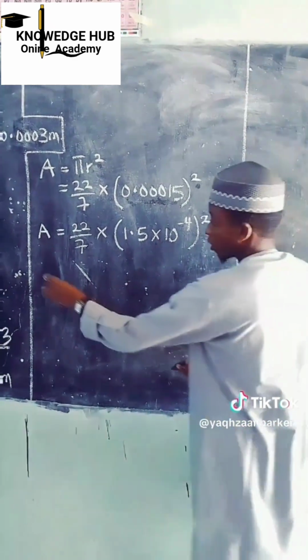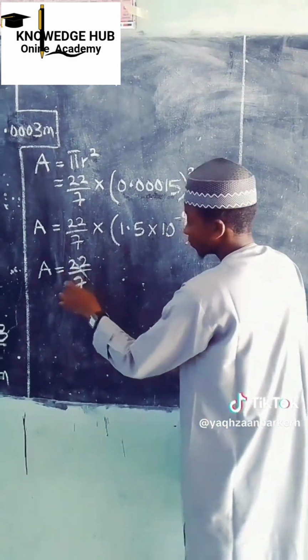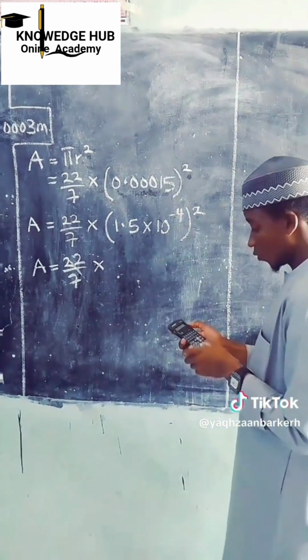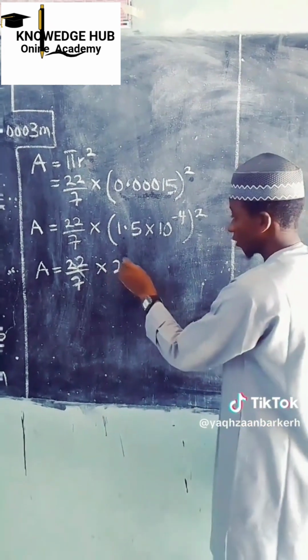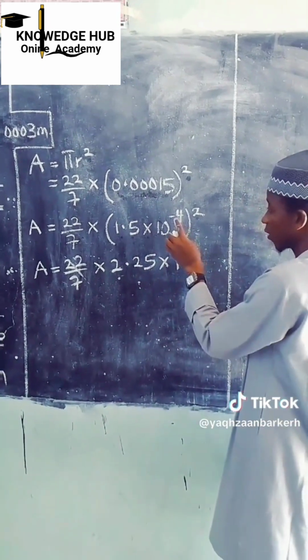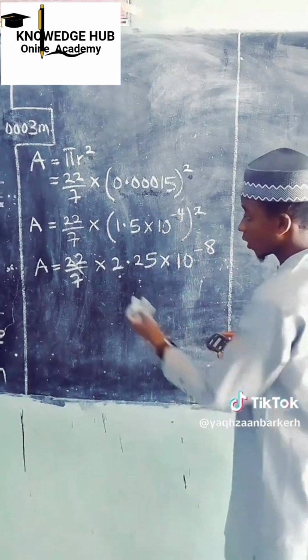So now we are going to have area is equal to 22 divided by 7, then times 1.5 squared, which is 1.5 times 1.5. We are going to have 2.25 times 10, then minus 4 times 2 will give us minus 8. So now we have this value.